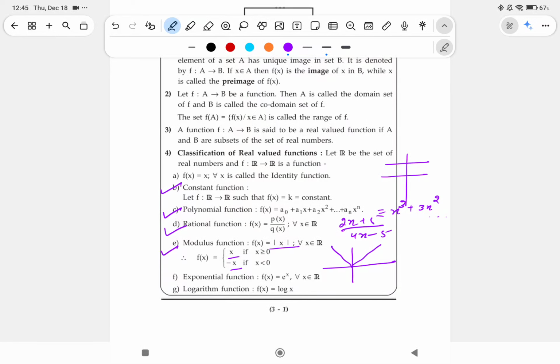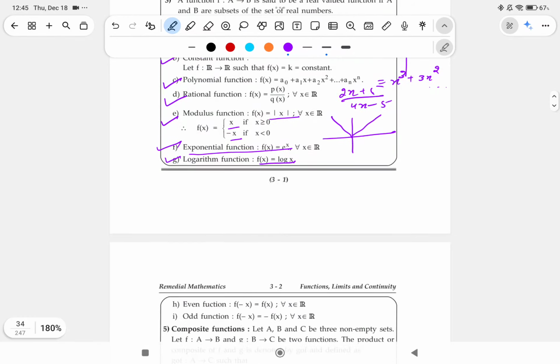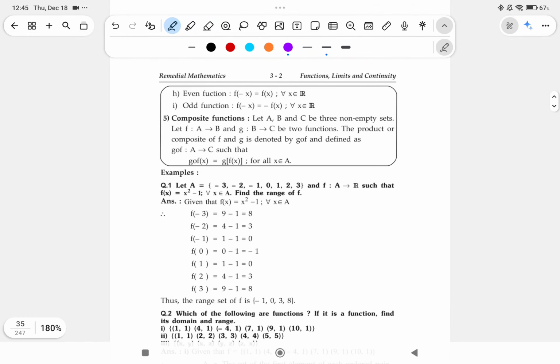Okay. Now, there is another function that is exponential function, that is e to the power x, and logarithm function, that is f(x) equal to log x. Even function when f of minus x is f(x). Odd function when f of minus x is minus f of x.